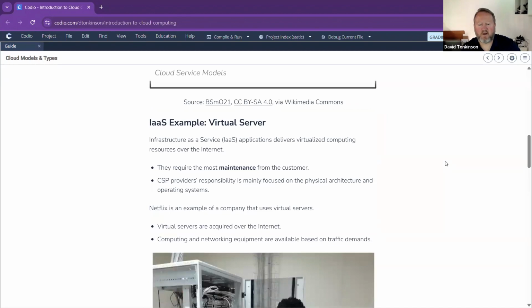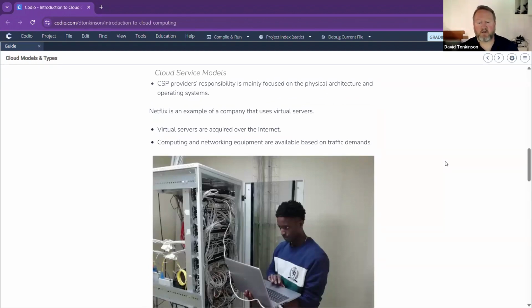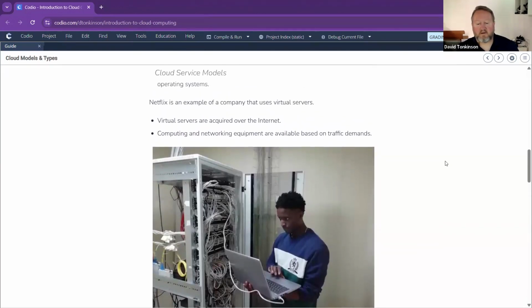So Netflix is a good example of someone that uses IaaS. Netflix as a company uses IaaS virtual servers to produce their compute power. Generally, with IaaS, you need to put in the most work because you need to do the most maintenance, not the physical server side of maintenance. You need to look after the operating system upwards, don't you? It does allow us to do things like the elastic billing, as we said.